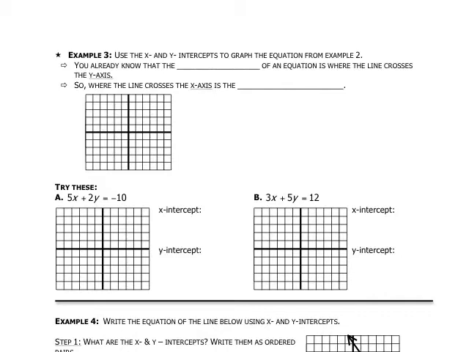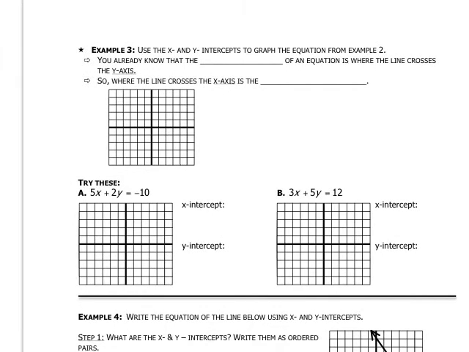Okay. So can somebody scroll back up really quick? It's a lot easier for you guys to do rather than me. Can you scroll back up to the number 2 on the last page and tell me what the x and y intercepts are?